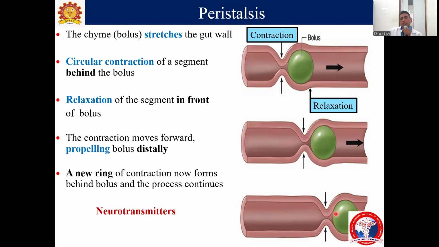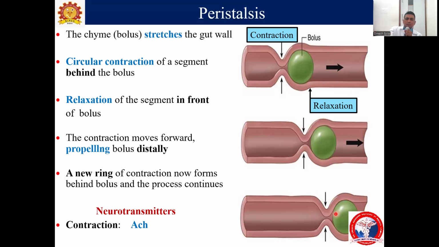Now, let's find out what are the neurotransmitters which are responsible for the contraction of the wall and the relaxation of the wall. One neurotransmitter, the most predominant one, which is responsible for the contraction of the segment of the intestine is, any guesses? Acetylcholine. This is the most important neurotransmitter which causes contraction of the segment.